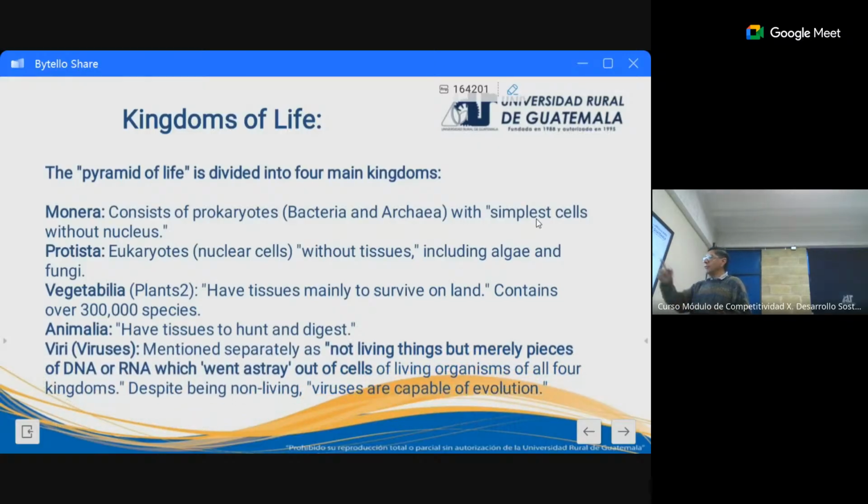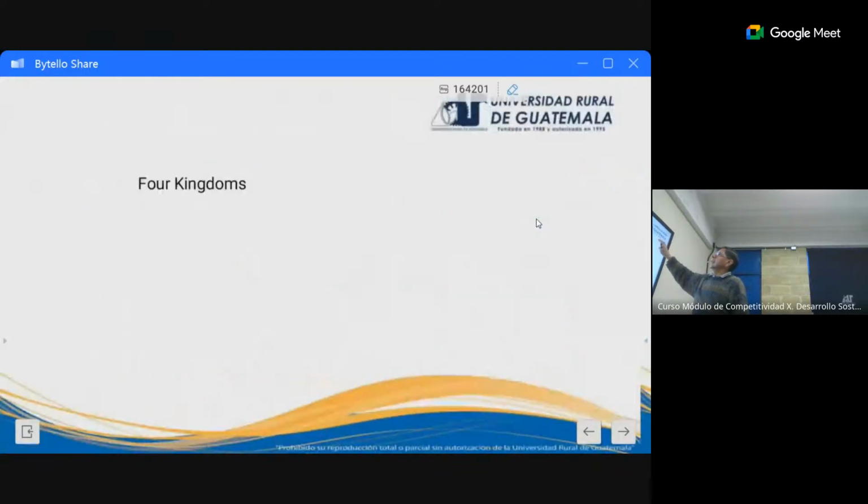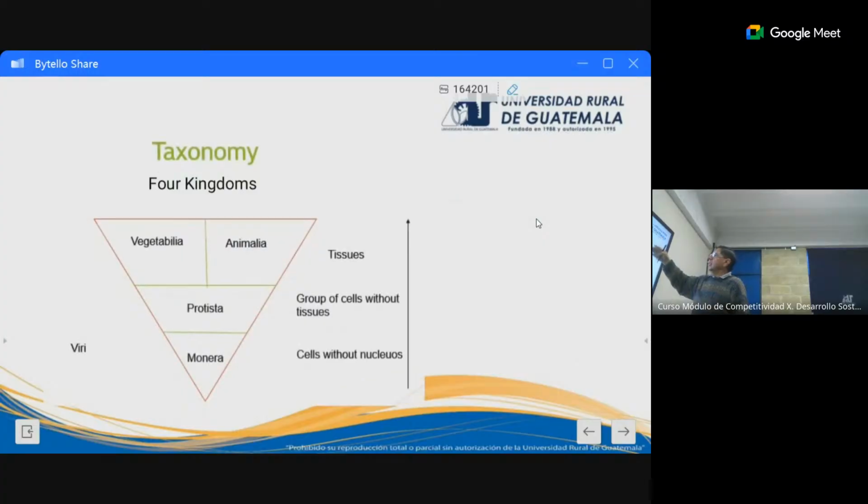And we have viri, they are viruses, but they are mentioned separately because they are not living things, but are apparently pieces of DNA or RNA which went astray out of cells of living organisms of all 4 kingdoms. Despite being non-living, viruses are capable of evolution. So let's check these next images in order to understand these classifications.